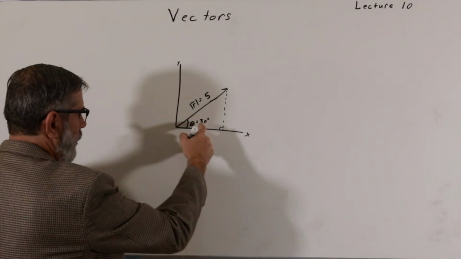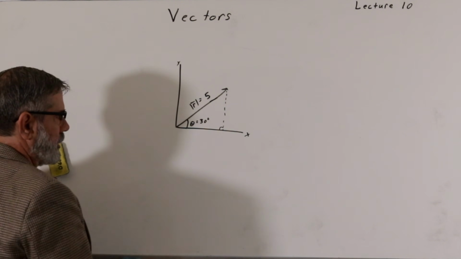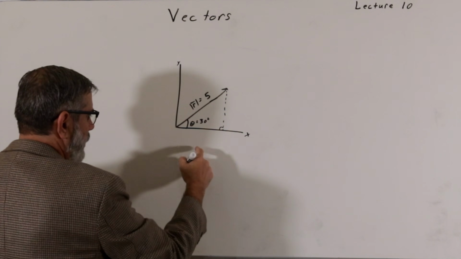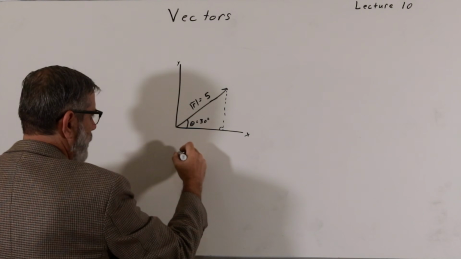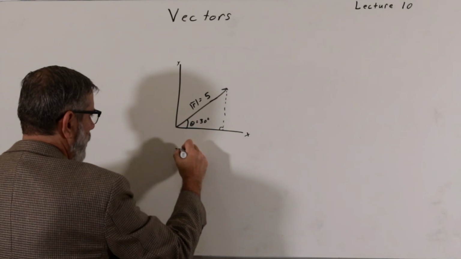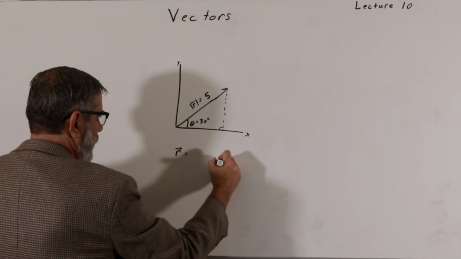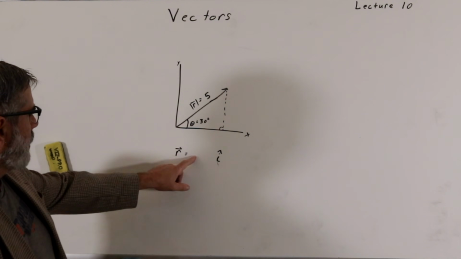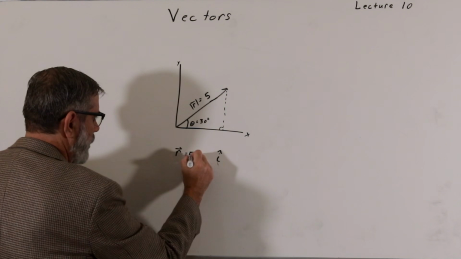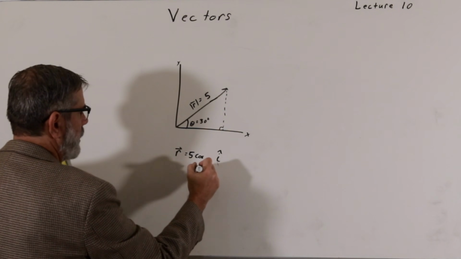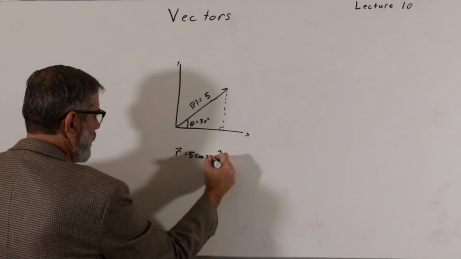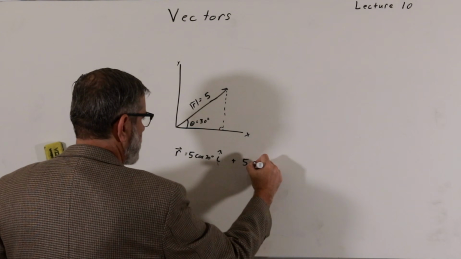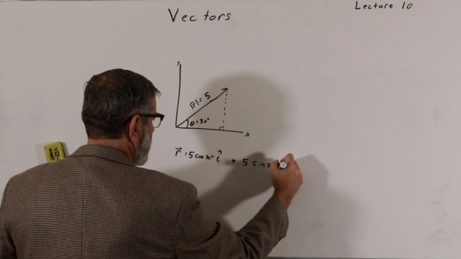And we'll remember that the cosine of 30 degrees and the sine of 30 degrees we had written down easily in the last lecture. But let's just write this here. So r is equal to, and we'll write i for the x component. So that's going to be 5 times the cosine of 30 degrees plus 5 times the sine of 30 degrees.